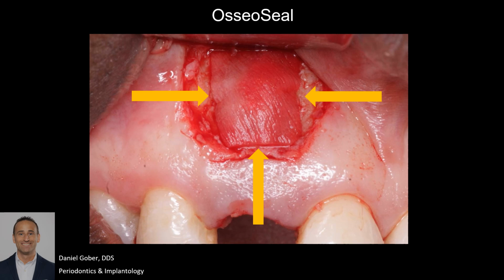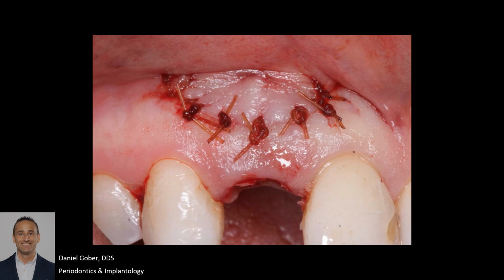And then it's very easy to go ahead and replace your flap and suture the flap back at the margins of the incision to get a nice area of healing. So in this case, we were able to use the OsseoSeal membrane really well, and it was a perfect indication for something like this.